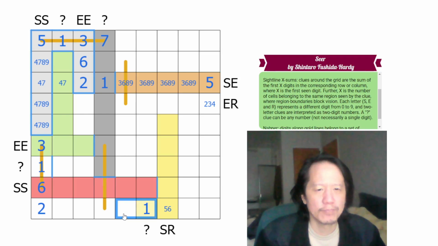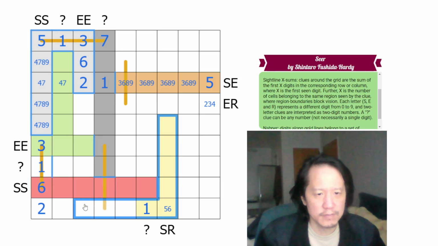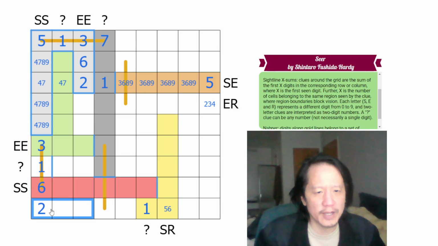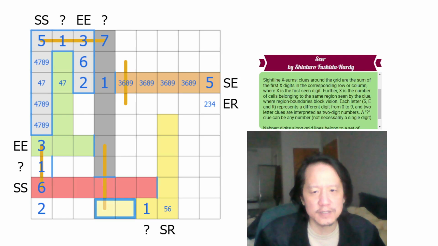What about the remaining cells here? This is 5 at least. So this could be 5, 6, 7, 8, 9. This is only 3 at most here that could be red. So all of these cells have to be yellow. And we know then this has to be at least red, because it can't be a separate region, and it can't be part of yellow.